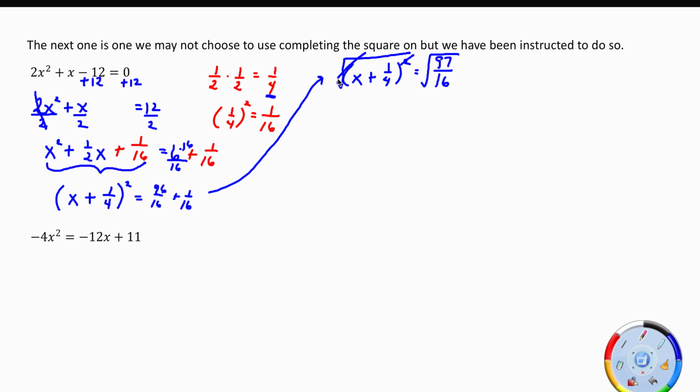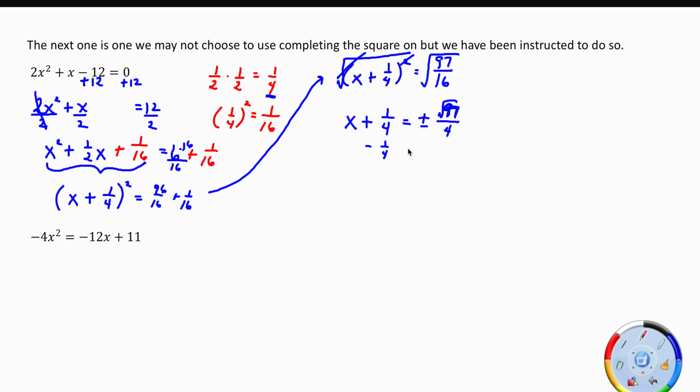And once I have it in this form, I can use the square root method. The square and the square root will undo each other, just leaving the x plus 1/4 equals what? Plus or minus square root of 97 over 4. We gotta know how to evaluate these radicals. And I gotta check that 97 and see if it'll simplify. But I believe 97 is prime, so it will not.